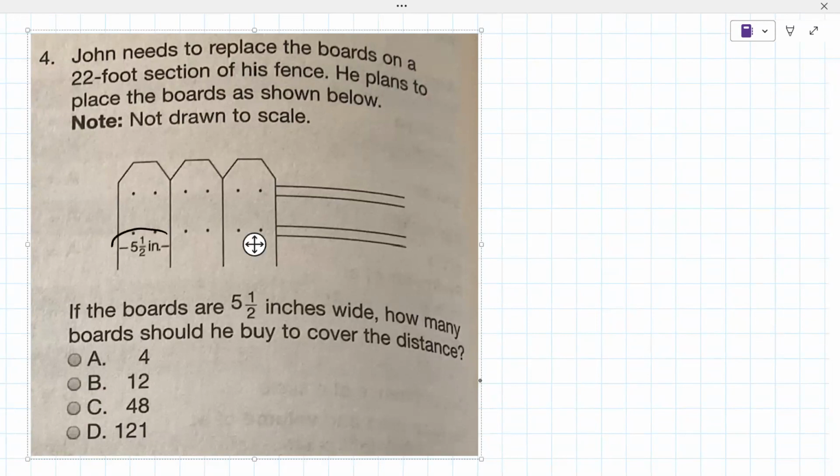Each board is 5.5 inches wide. How many boards should he buy to cover the distance? Keep in mind, feet and inches are not the same. So you probably want to convert the feet to inches, would be my recommendation, because 12 inches is a foot, right?